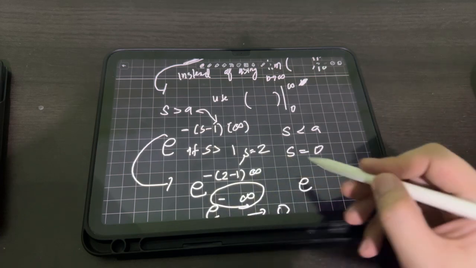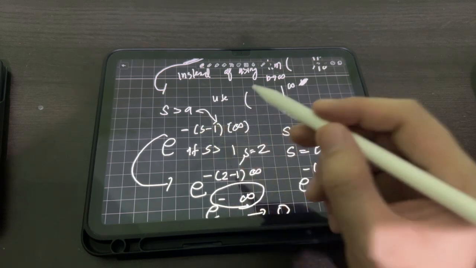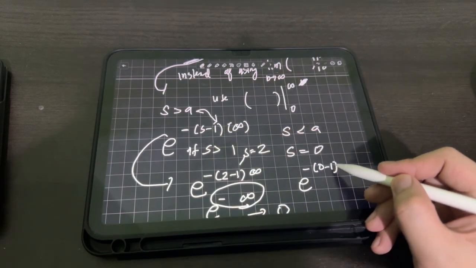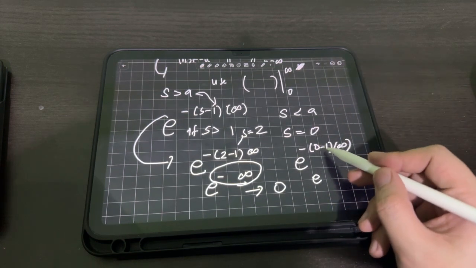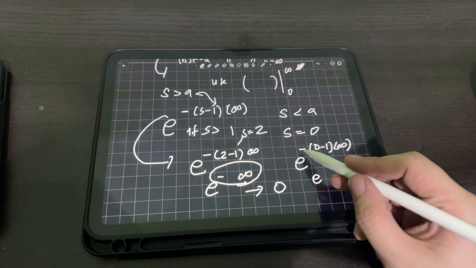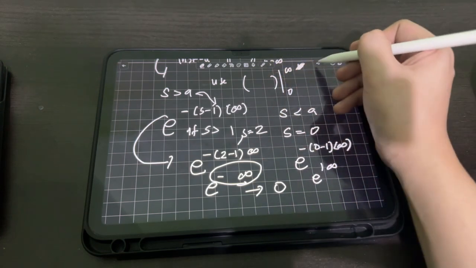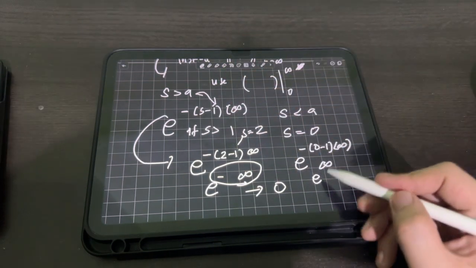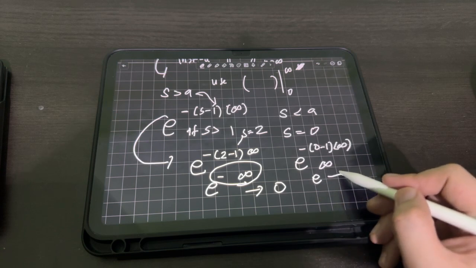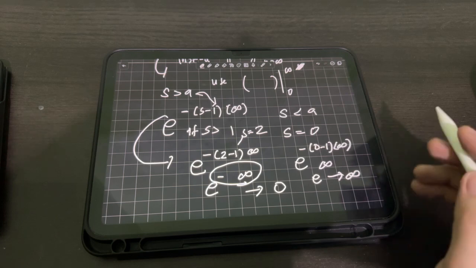If you try to plug in s is 0, we have e to the negative, so s minus 1, 0 minus 1 times infinity, e to the 0 minus 1 is negative 1, but there's still a negative here. Negative of negative 1 is positive 1 times infinity, or simply positive infinity. So if you raise e to positive infinity, it will approach infinity, right? It will not converge, it will diverge because there will be no finite value.